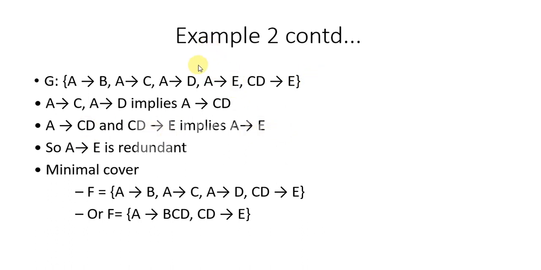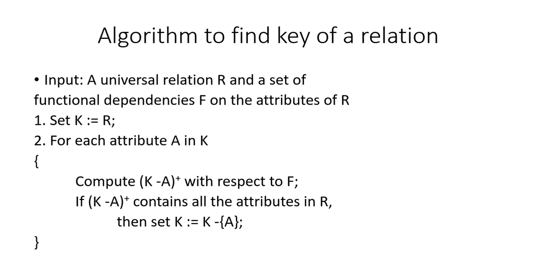So input to this algorithm is a universal relation R and a set of functional dependencies F on the attributes of R. So the input is R and a set of functional dependencies F on the attributes of this R. Okay, now set K is equal to R. So we are setting this relation as the key, and for each attribute A in K, we have this K, which is nothing but the relation itself, and we take each attribute A in K and compute K minus A closure with respect to F. So we have a set of functional dependencies here, and we compute K minus A plus with respect to F.